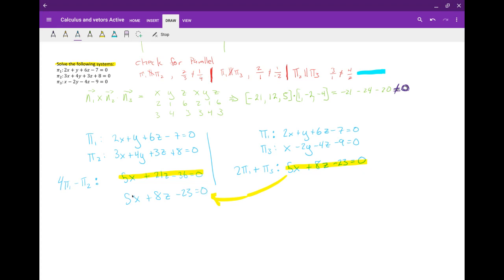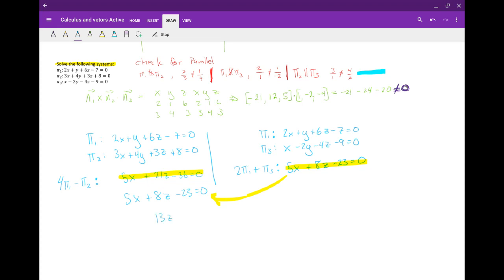And now I'm going to eliminate the x's because this is nice and convenient. So right here, I'm just going to take the difference between these two equations, because 5x minus 5x is 0. 21z minus 8z is 13, is that right? 13z?